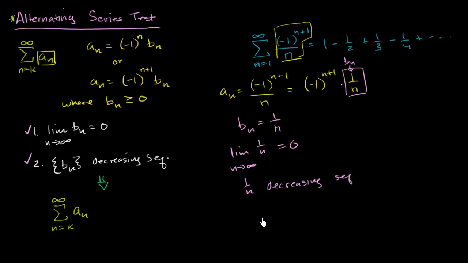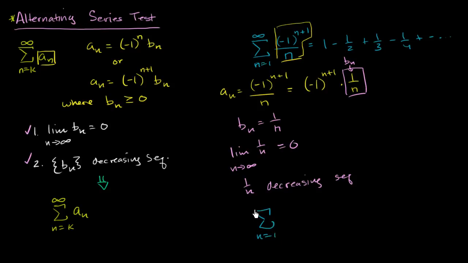And so based on that, this thing right over here is always greater than or equal to 0. The limit of our b sub n as n approaches infinity is going to be 0. It's a decreasing sequence. Therefore, we can say that our original series actually converges.